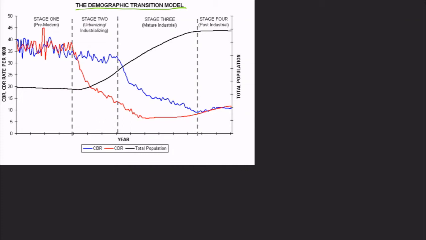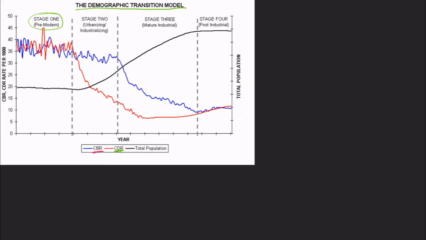So let's take a look here. Stage one would be pre-modern. Okay, so pre-modern world, so we're talking thousands of years ago. And what we would see here are, in the red, the death rate. In the blue is the birth rate.